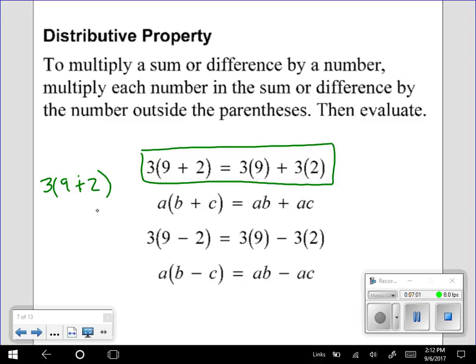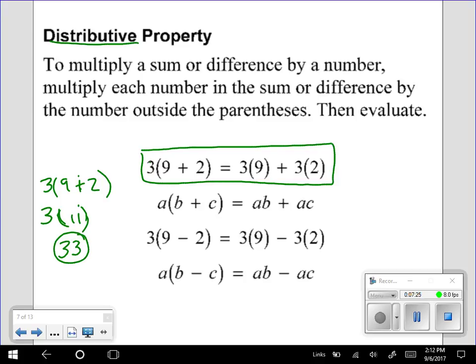If you actually saw this problem and you weren't thinking about the distributive property, you might not do what they did over here. You might say, well, I need to work on parentheses first. 9 plus 2 is 11. So 3 times 11 is 33. Well, I want to show you that you're going to get the same answer whether you do it this way or you use the distributive property.